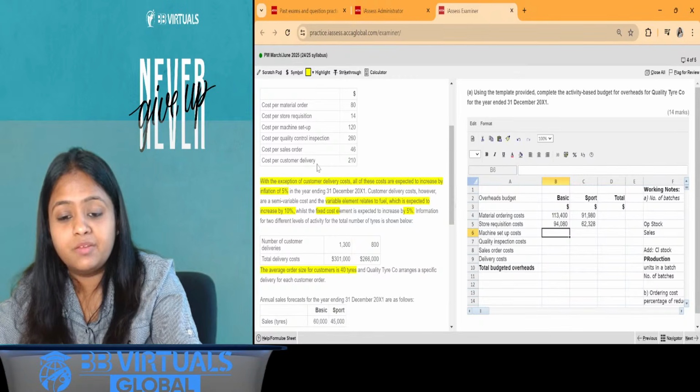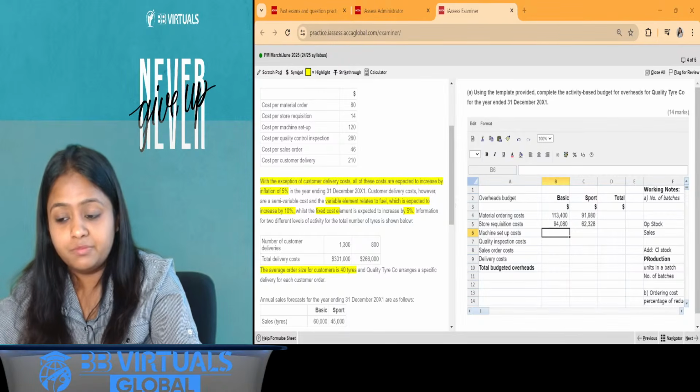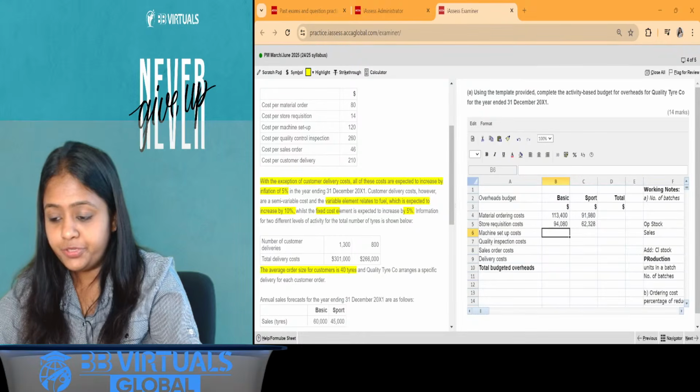So only for customer delivery cost, the last one, when we do that, at that time we will take out the variable element. Okay? Clear?